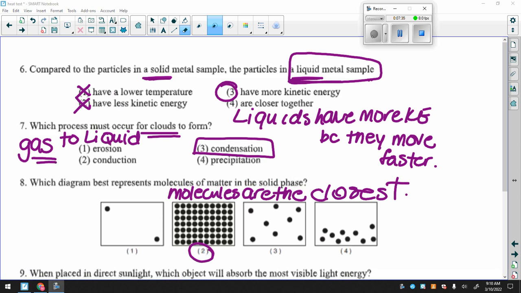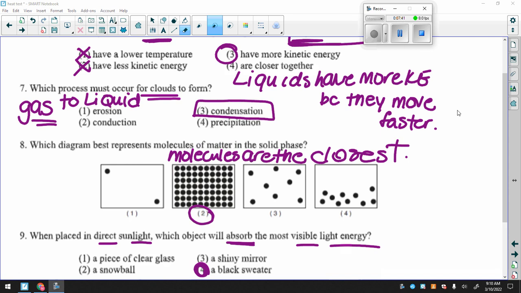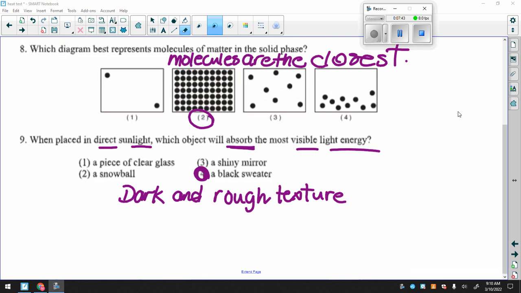When placed in direct sunlight, which object will absorb the most visible light? Well, visible light is energy on the electromagnetic spectrum. Absorb means to take in. We learned this from the waves unit, that dark black takes in everything.